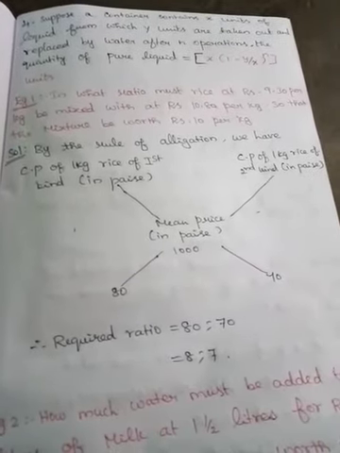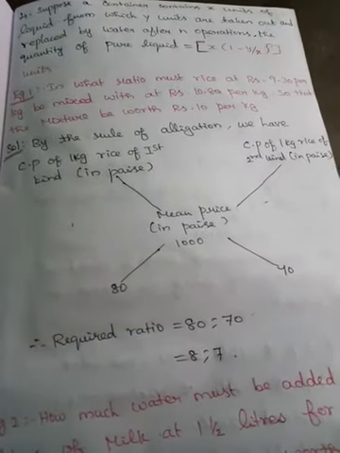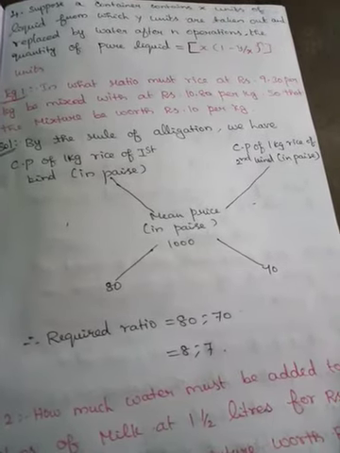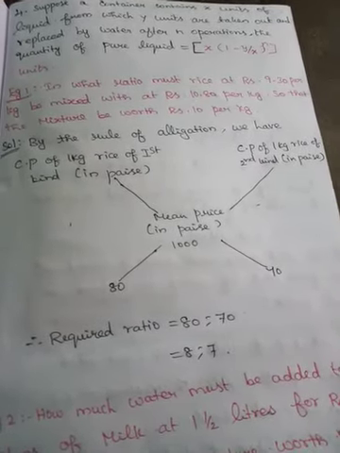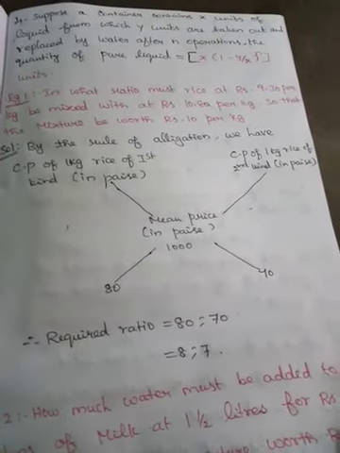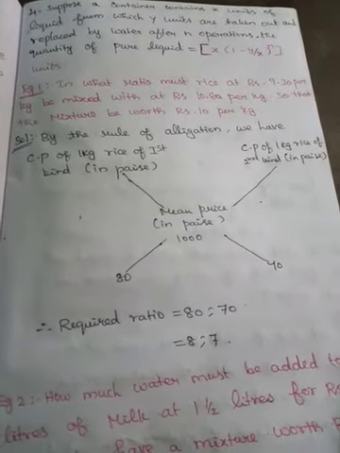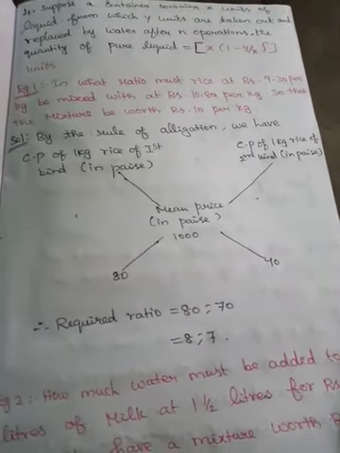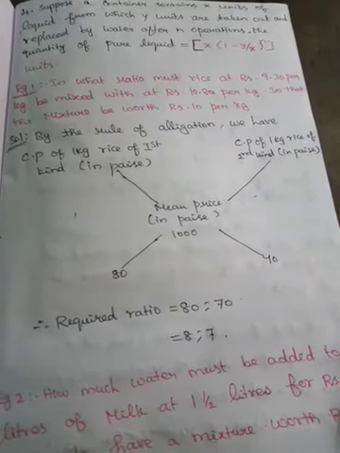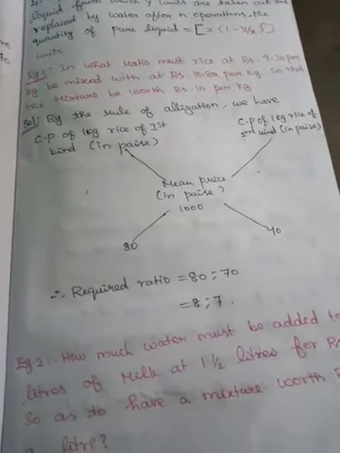By the rule of allegation, CP of 1 kilogram rice of first kind in paise, second is CP of 1 kilogram rice of second kind in paise. Third is 80, last is 70. Middle value is mean price in paise, 1000. So the required ratio equals 80 is to 70, equal to 8 is to 7.